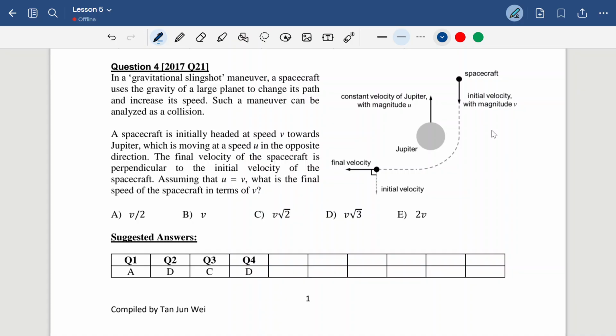Now, you need to use conservation of momentum, and it is assumed that such a collision is going to be elastic. So let this be mass 1, this be mass 2. For an elastic collision, if you can remember, U1 minus U2 equals V2 minus V1.